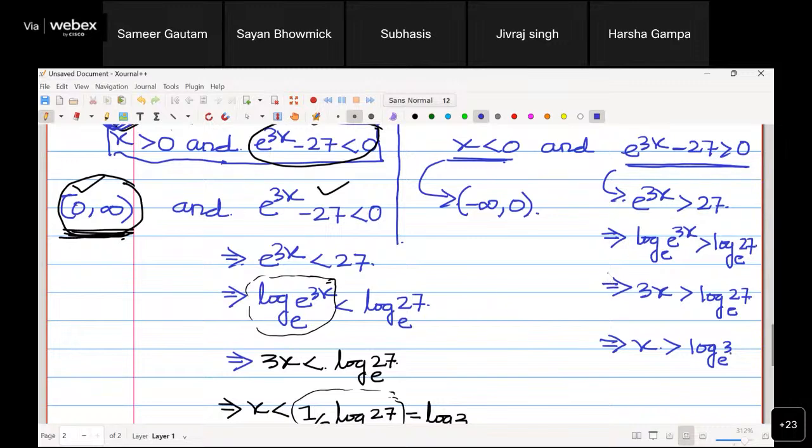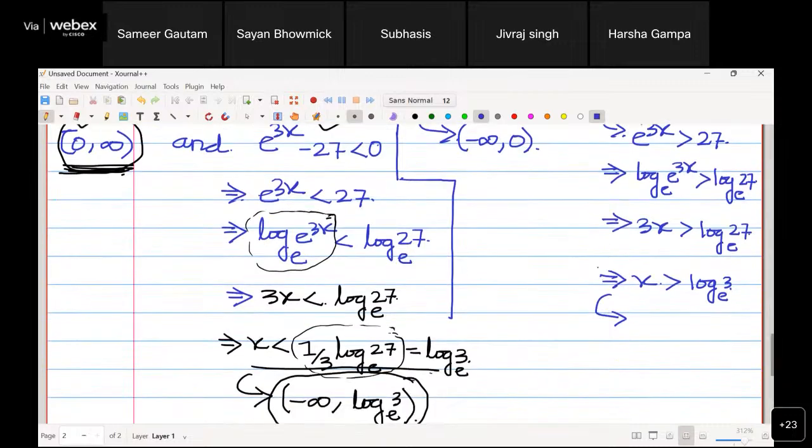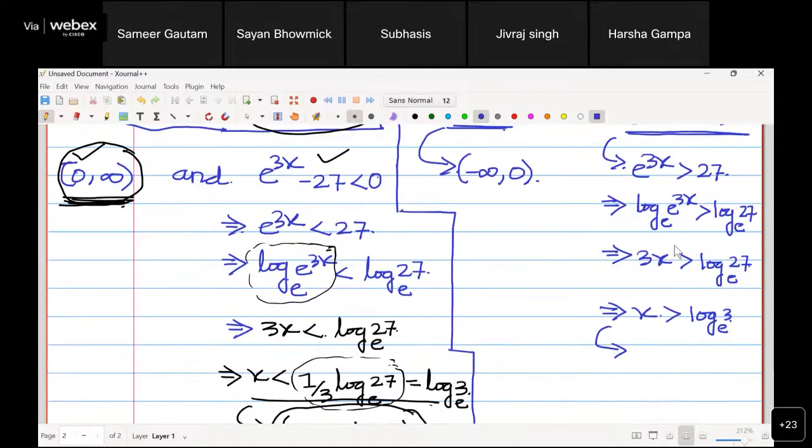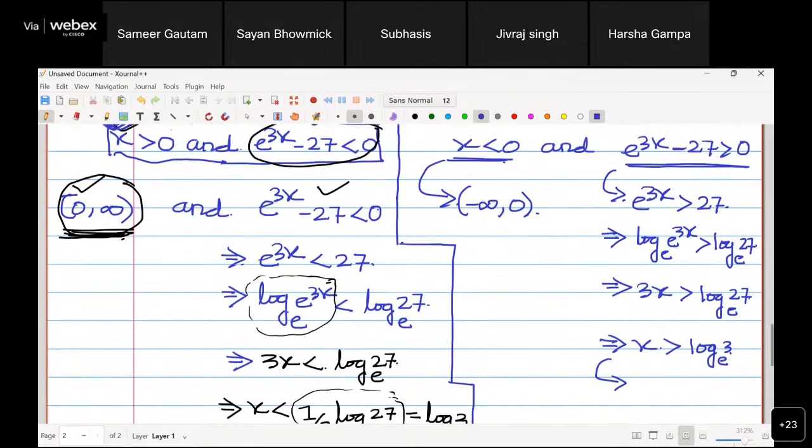So then what is this region? For which region does this condition hold? ln3 to infinity. This condition holds in this region, and this condition holds in this region.